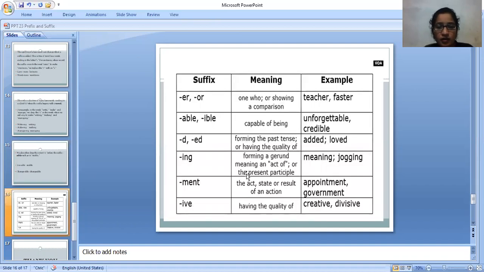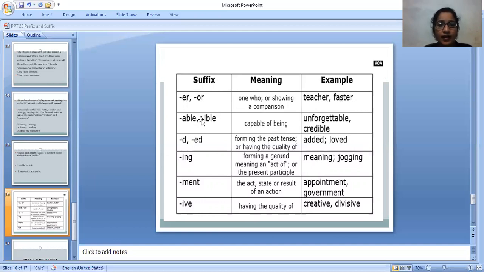So you can see a small table of suffixes here. The suffix er, when you add it, suggests a person performing an action or a comparison. Here you can see teacher. When you add suffix er to teach, it becomes teacher, which indicates a person performing the action of teaching. And when you add the suffix er to the adjective fast, it indicates a comparison.